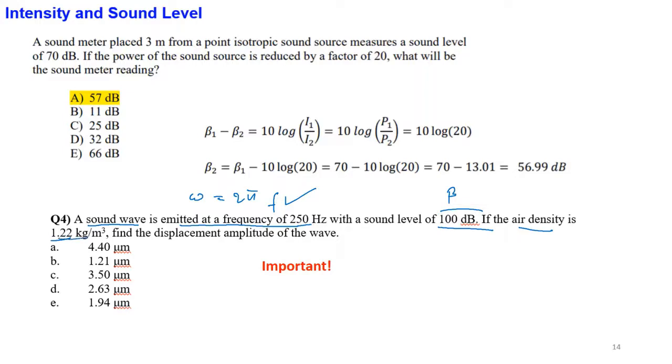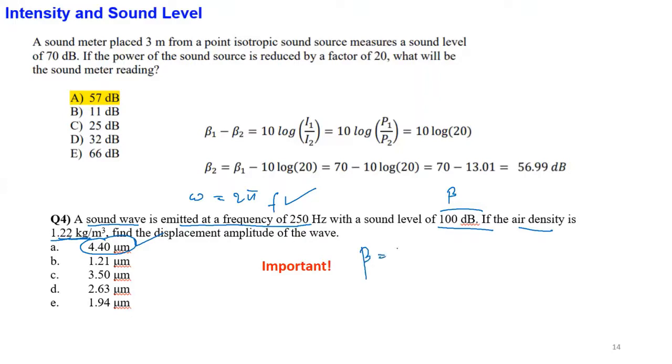I'm also giving you the density of air, 1.22 kilogram per meter cube. I'm asking you SM. Can you do it? The answer is this.